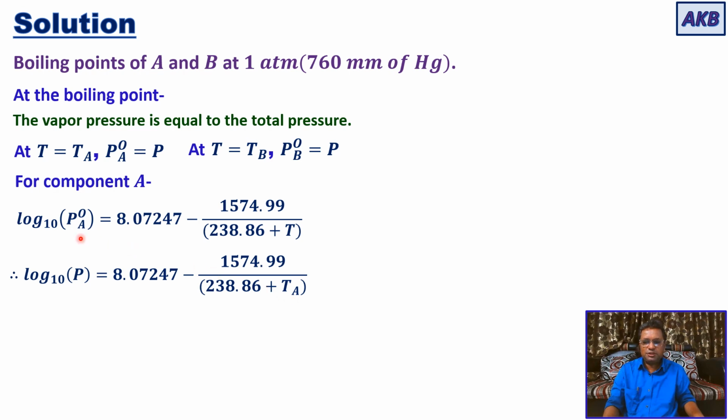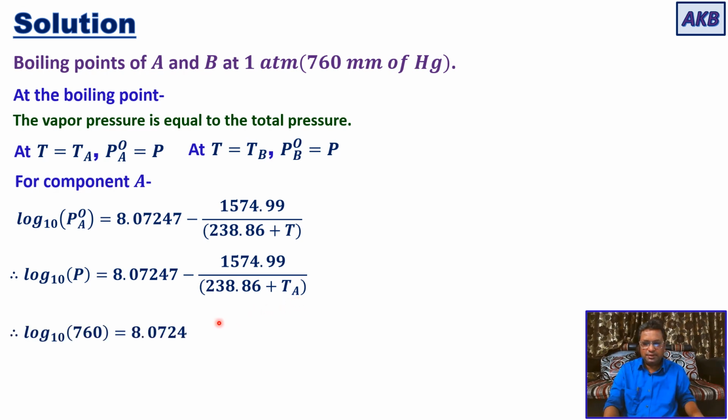So I have replaced PA naught with P, which is known to us, 760 mm of Hg, and the temperature T is replaced with TA. After solving this, you'll be getting the value of TA, which is the boiling point of methanol at 1 atmosphere.